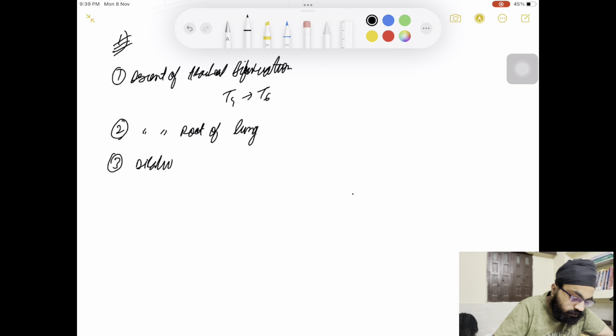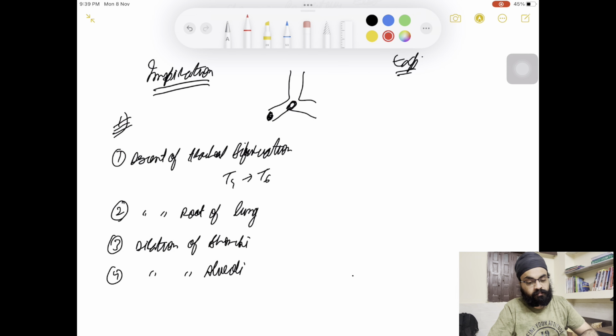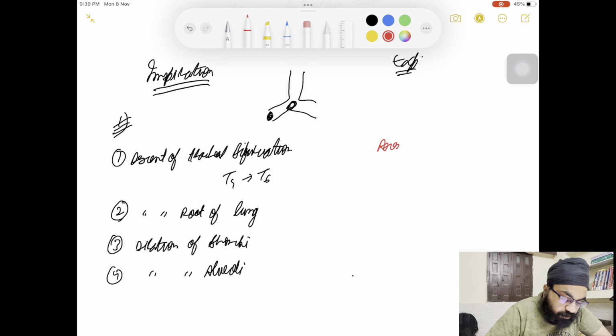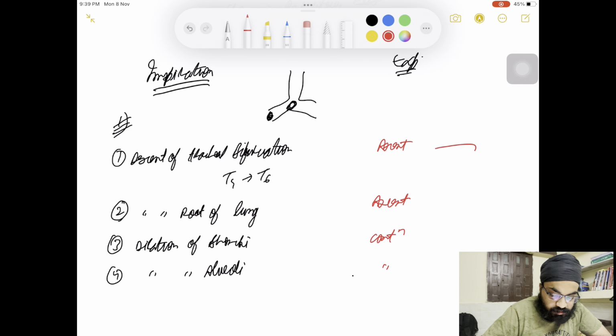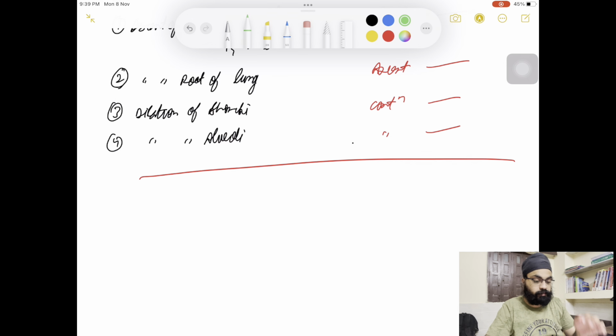Third is dilation of bronchi. Fourth is dilation of alveoli. Now in expiration, exact opposite: ascent, ascent, contraction, contraction. That's it. Exact opposite, simple.